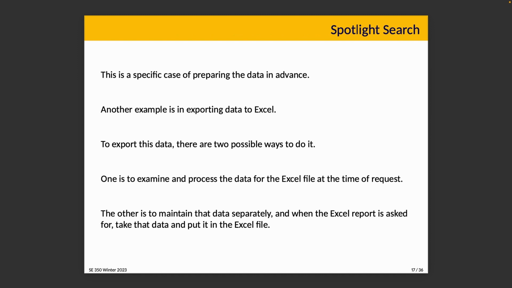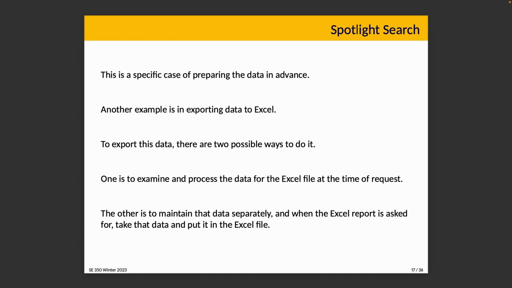This is a specific case of preparing the data in advance. Like, extra work is done by the CPU when a file is updated. When you open a document and you write a bunch of text into it, and when you save it, extra work is done at that point to scan over the file and look for things and index it accordingly to try to make it possible to find it later, right? It's doing work in advance to prepare for a future request.